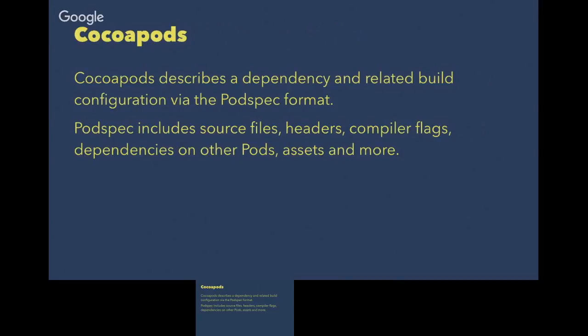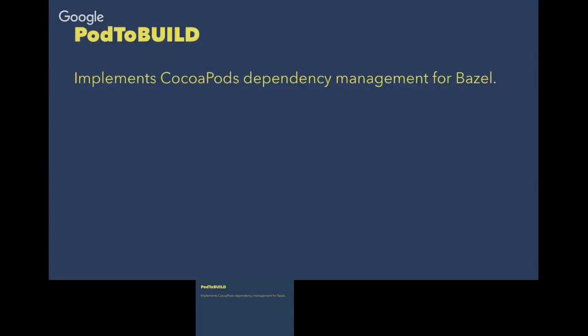In Cocoapods, there's this notion of a configuration descriptor, which includes all the source files, header files, compiler flags, and it even tells you what the dependencies on other Cocoapods are. So given that, what we realized is that we could take this pod spec, this Cocopod file that was previously used to generate the Xcode-based projects, and we could write out build files and integrate all these dependencies with Bazel.